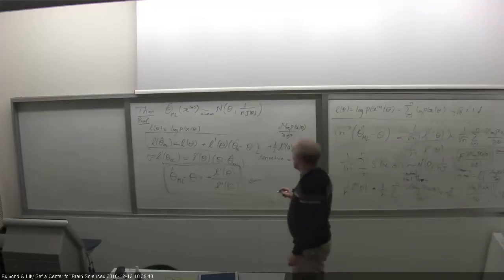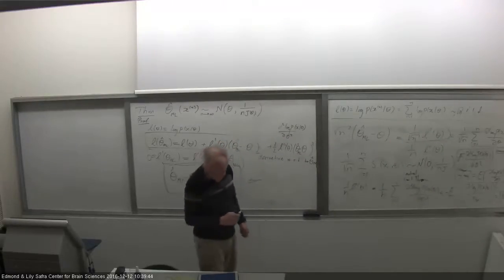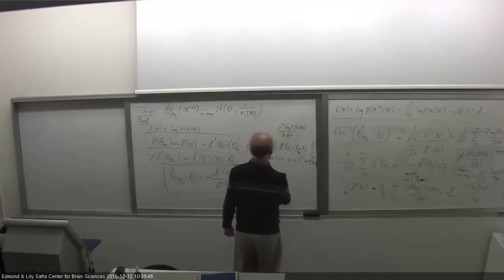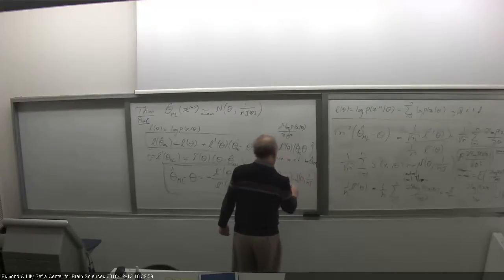So eventually, what we showed is that square root of n times theta ML minus theta is distributed normally with 0 mean and 1 over nJ, where n goes to infinity.